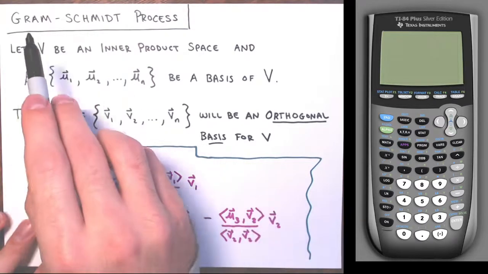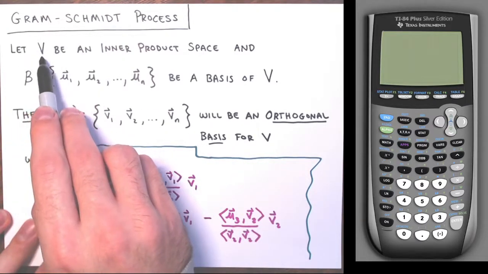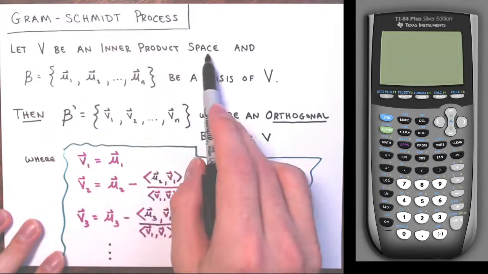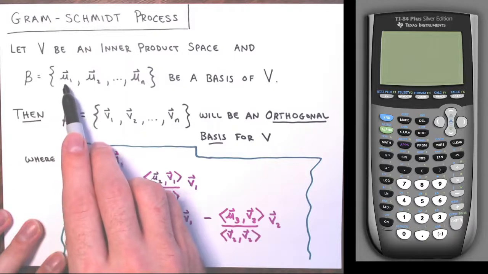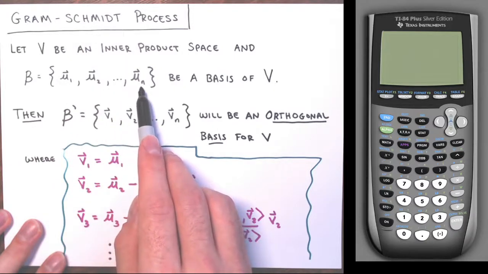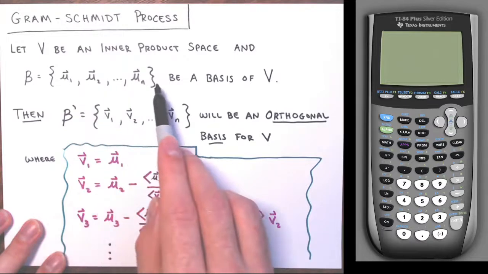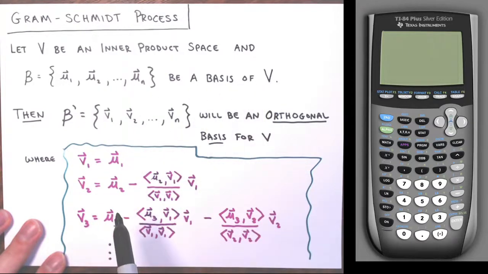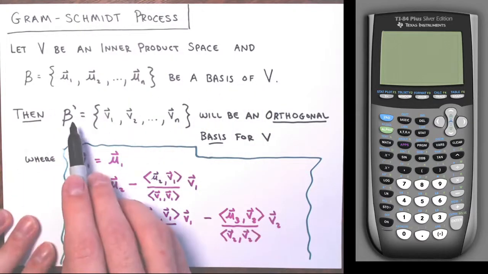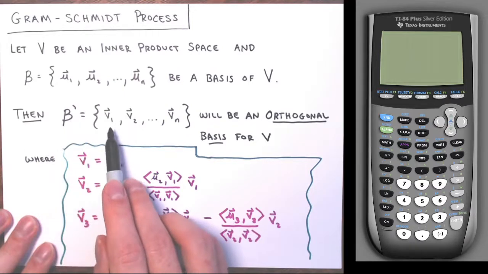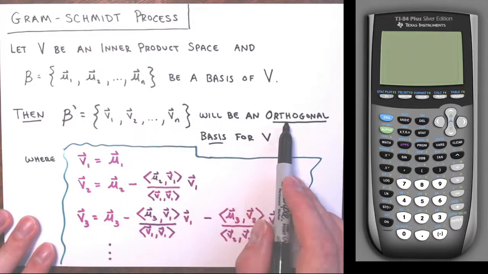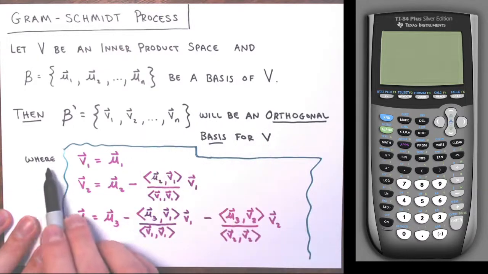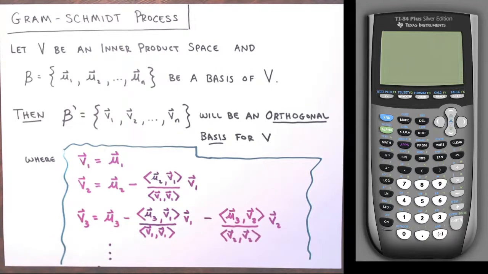So let V be an inner product space, and say B has the vectors u1, u2 through un, and say this set of vectors is a basis for V. Then B prime equals v1, v2 up to vn will be an orthogonal basis for V, where here's how these vectors v1 through vn are constructed.